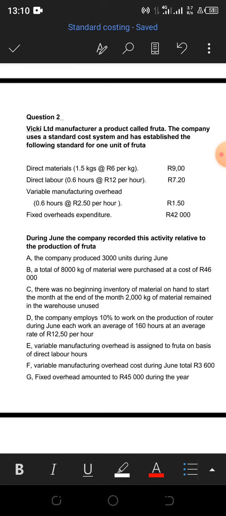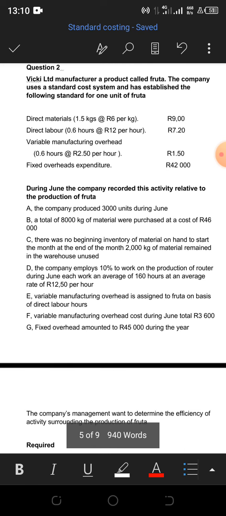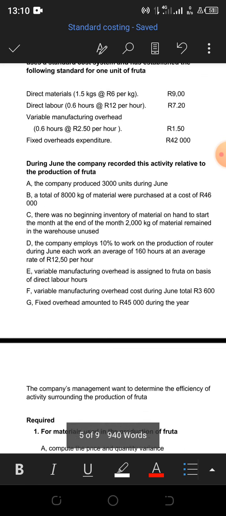So 1,800 multiplied by 10%, then you're going to get 180. The actual hours we have is 160.